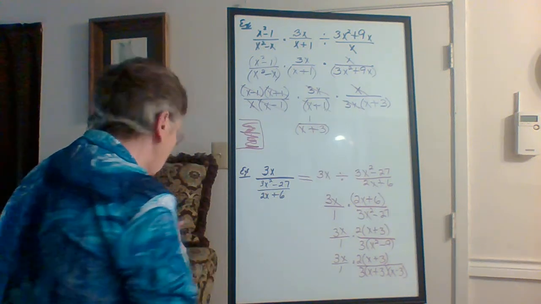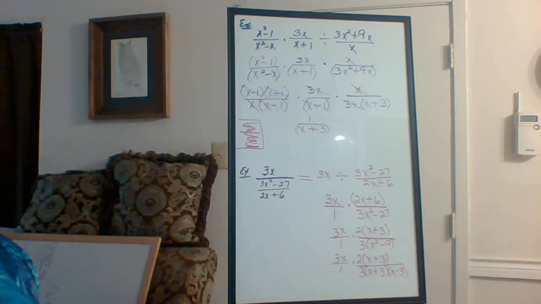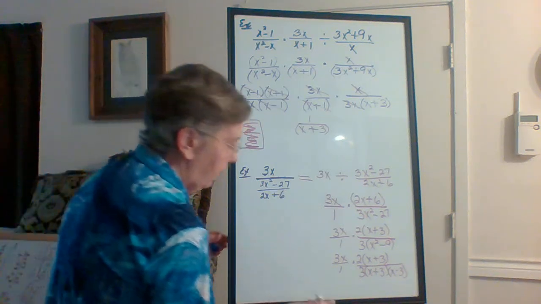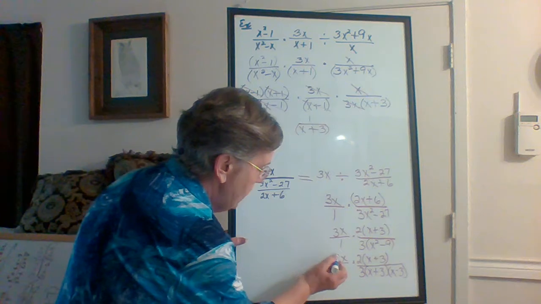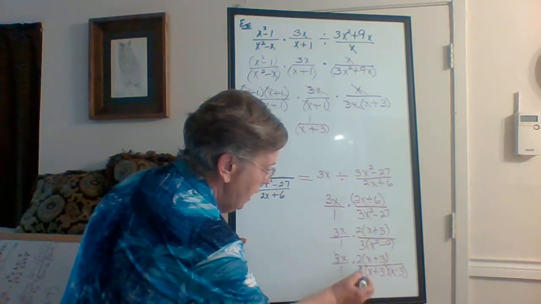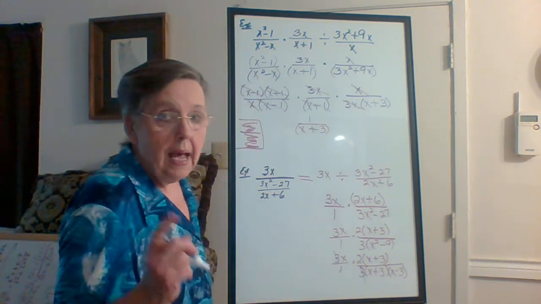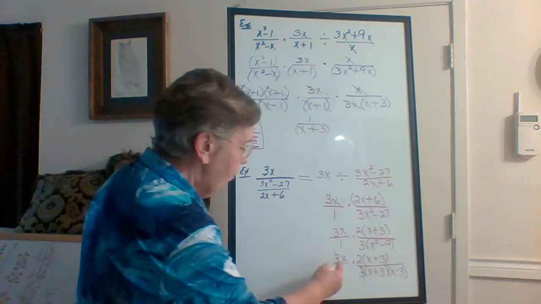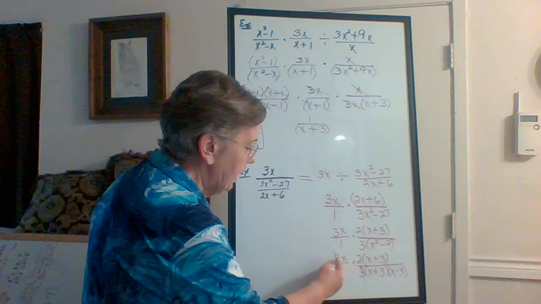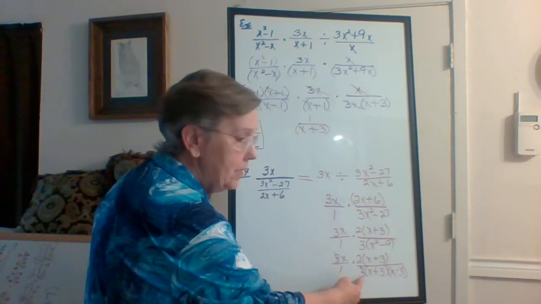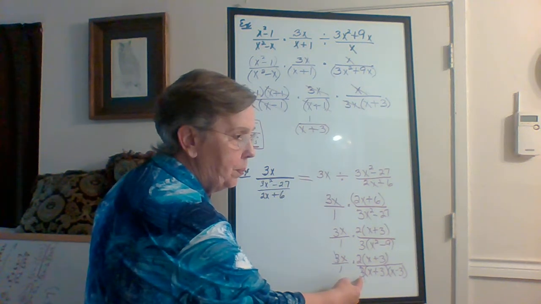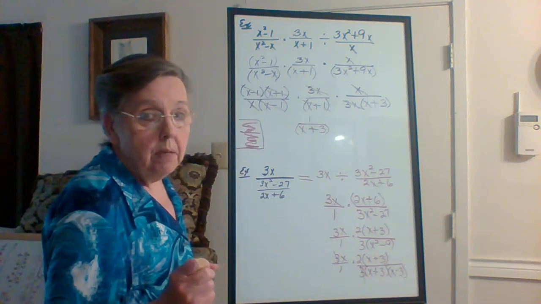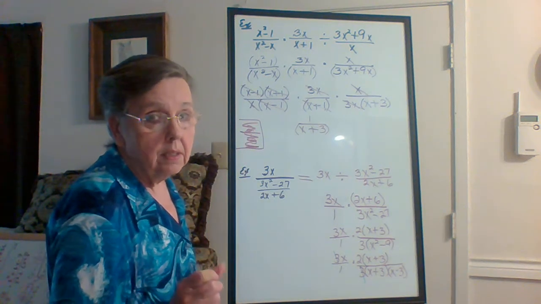Now to cancel. I have a 3 here and a 3 here. And you're going to say, but I can't cancel. It's got to be all or nothing. There are no pluses or minuses here. There's no plus or minus with that. The rest is in parentheses. Okay? You see the difference? I hope you do.